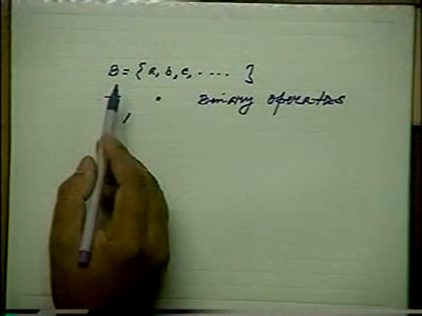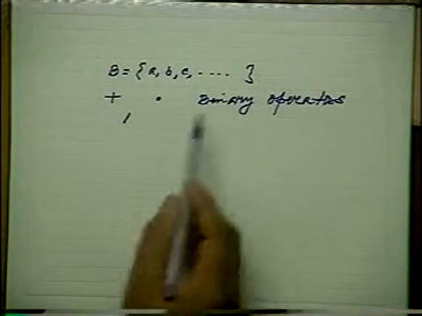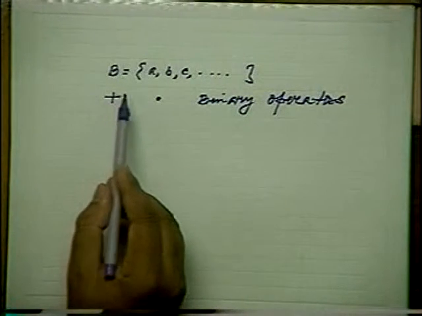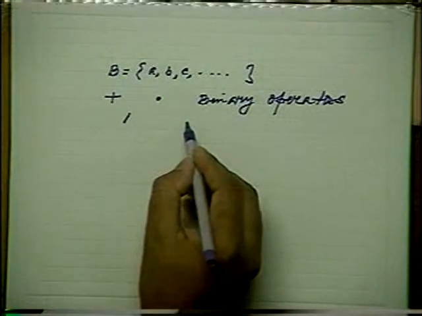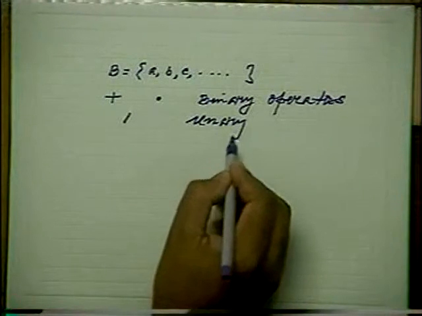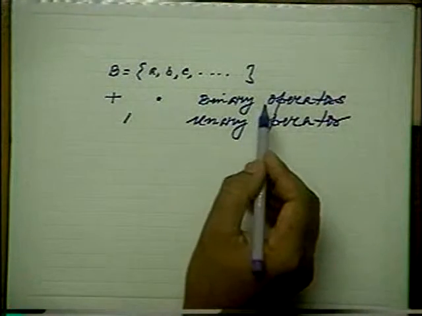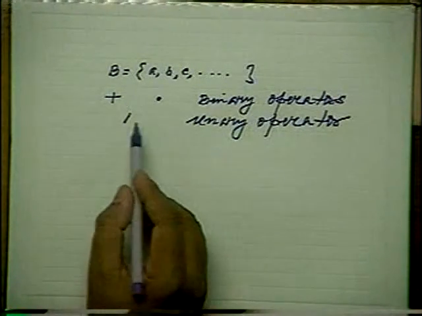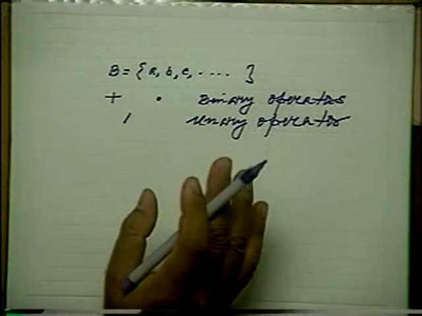Let's repeat once more. We have a set B consisting of several elements, A, B, C, etc. We have two binary operators, one we call plus, another is dot, and one dash being a unary operator. By binary operator, I mean two operands are there. Unary operator means there is only one operand. These satisfy the following axioms. Let us see what the axioms are.